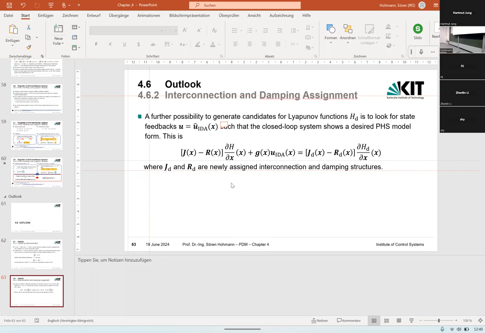These are the ingredients with which I build systems today. It depends a little bit on the system what I use. If I have a new system, if I need an interconnected structure, I very often rely on the network paradigm.